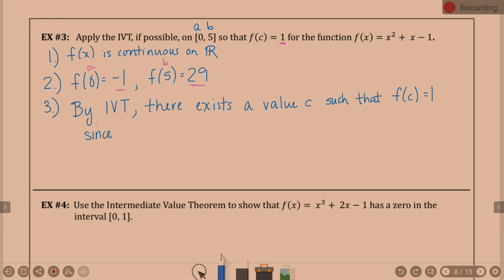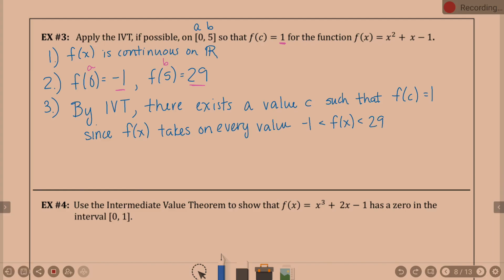since f of x takes on every value, -1 less than f of x less than 29.